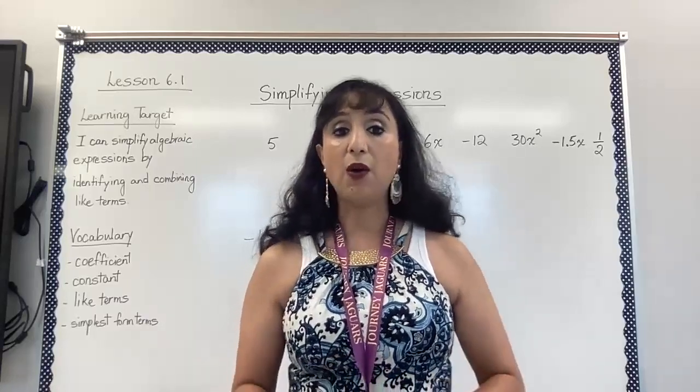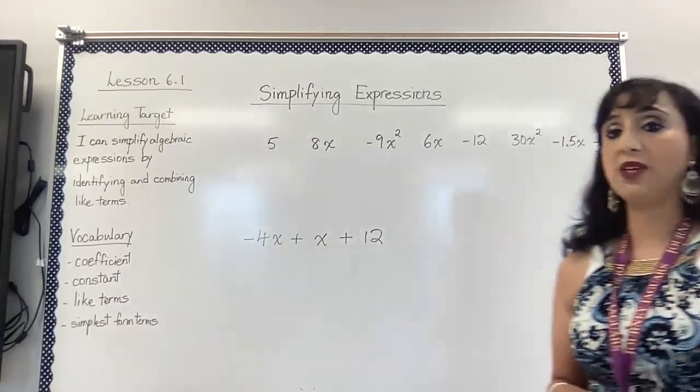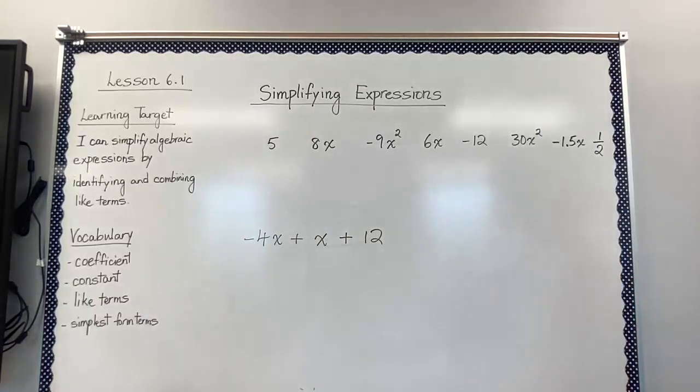Okay. So let's go ahead and look at some of these examples that I have put up over here so that we can identify what the like terms are. If I look at like terms, basically, what does that mean? It means when addition or subtraction signs separate an algebraic expression into parts, each part is called a term.